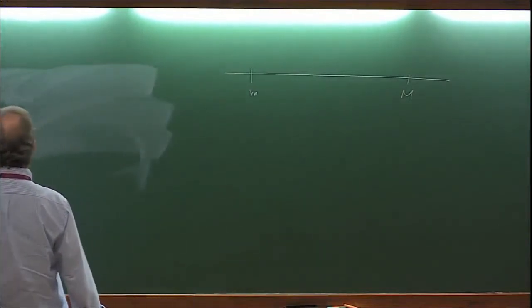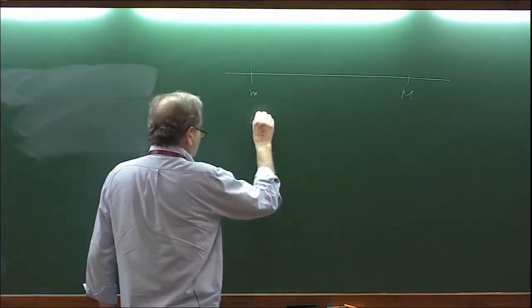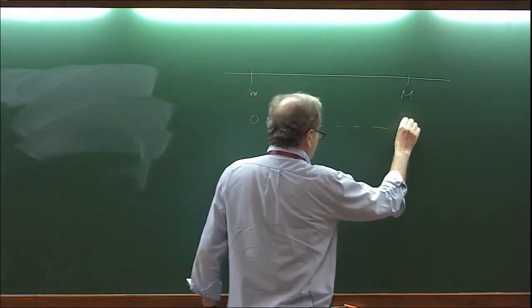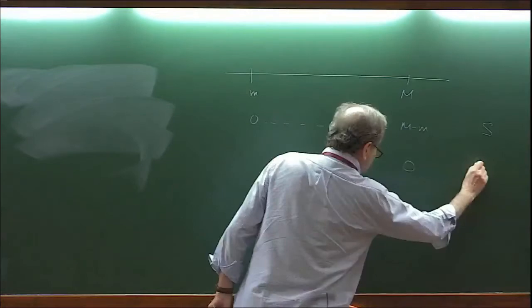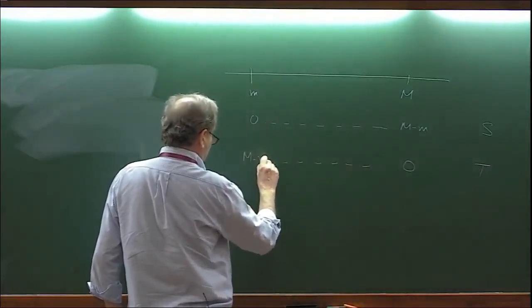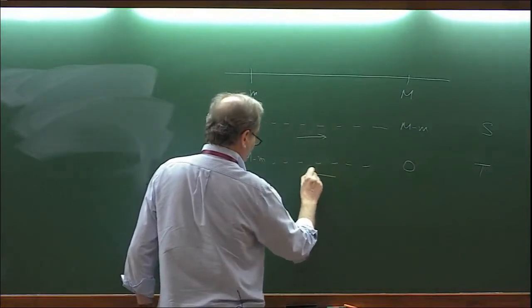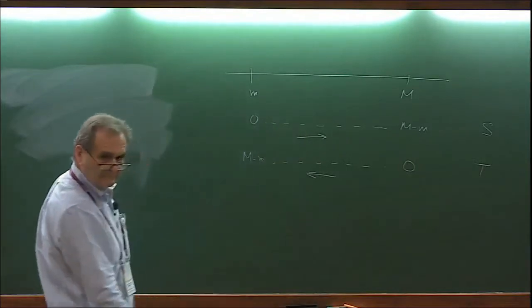So what I am doing in S is that I just change the numbering, and this is M minus M, and this is my set S. Just shift by M. The other one, I just do the difference. So I start here with the 0, and I go to M minus M. In some way, this one I read in this sense, and this one I read in this sense, with the same set A, the elements from A. Okay?